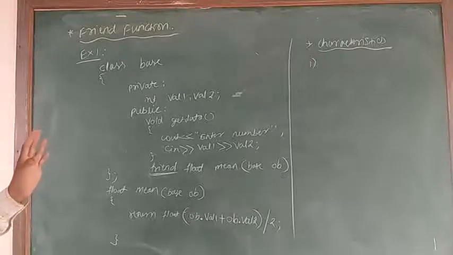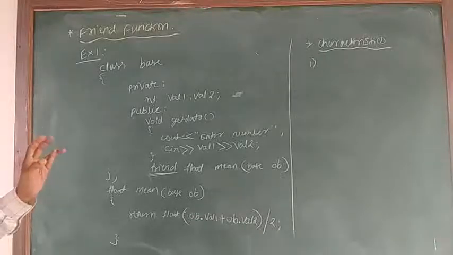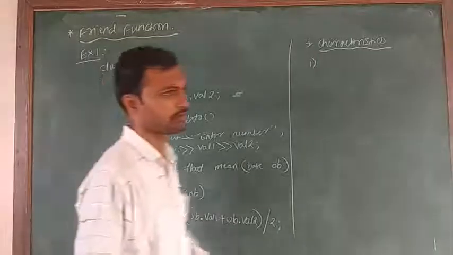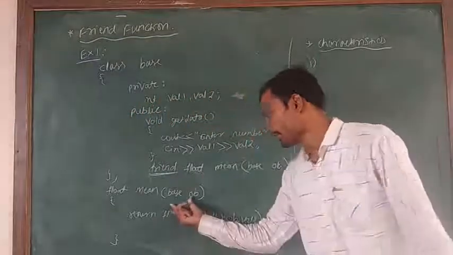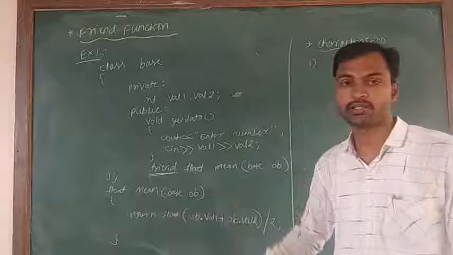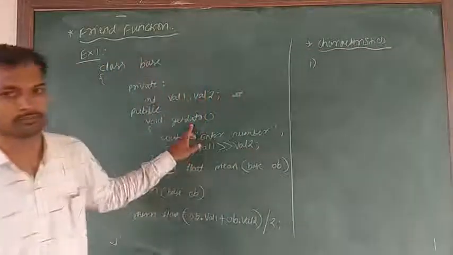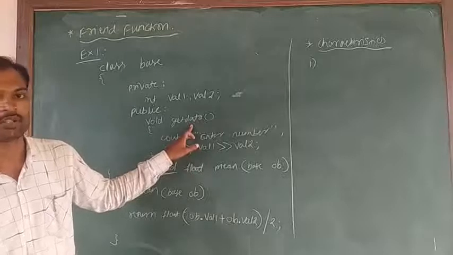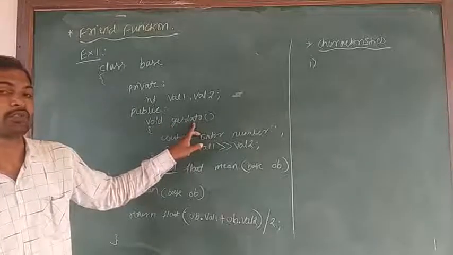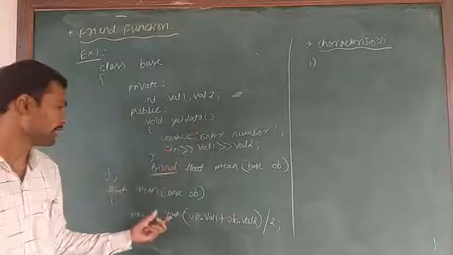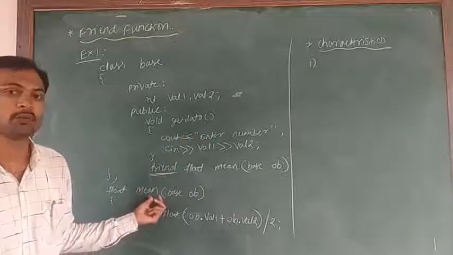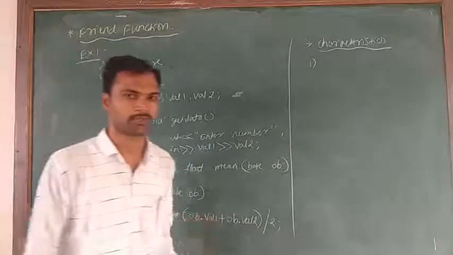the friend function cannot be called using the objects of that class. It can be invoked like any normal function. Whatever is declared in the main function, we can call the member function getdata through the object, but not like this friend function. It will be invoked like any normal function.